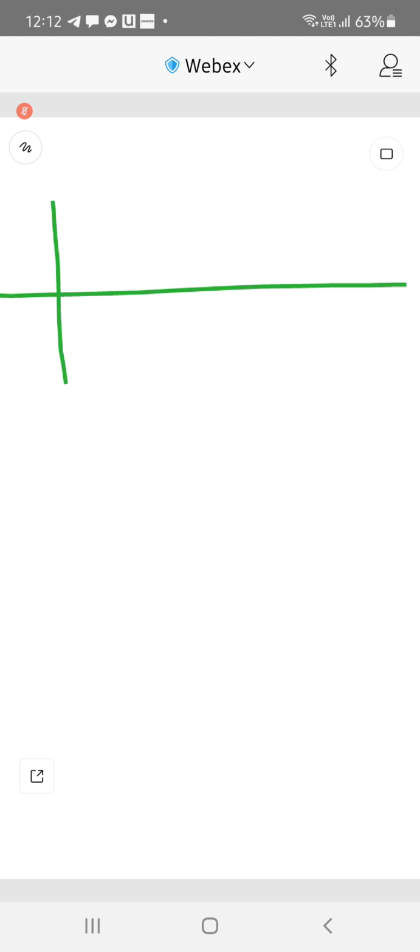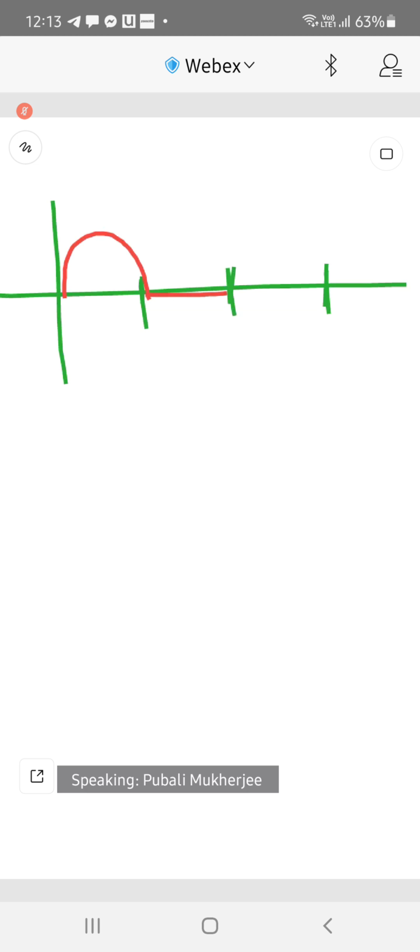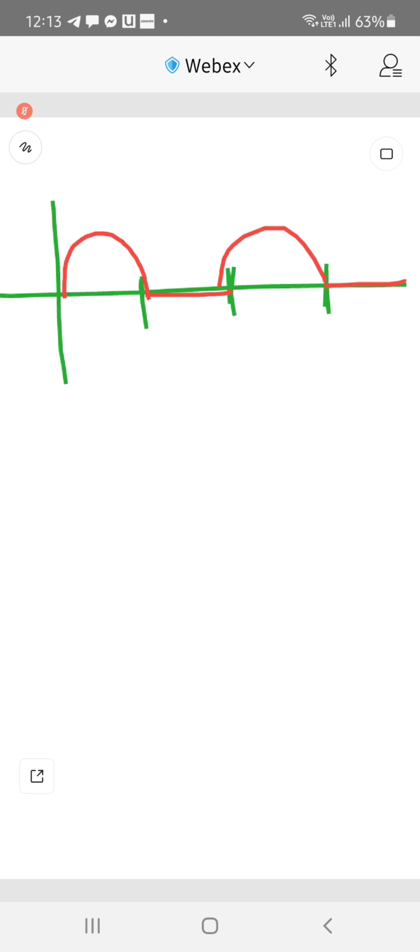Okay, now in case of a half wave rectifier, you have the hump which is just for the positive half cycle. So this is the output waveform.